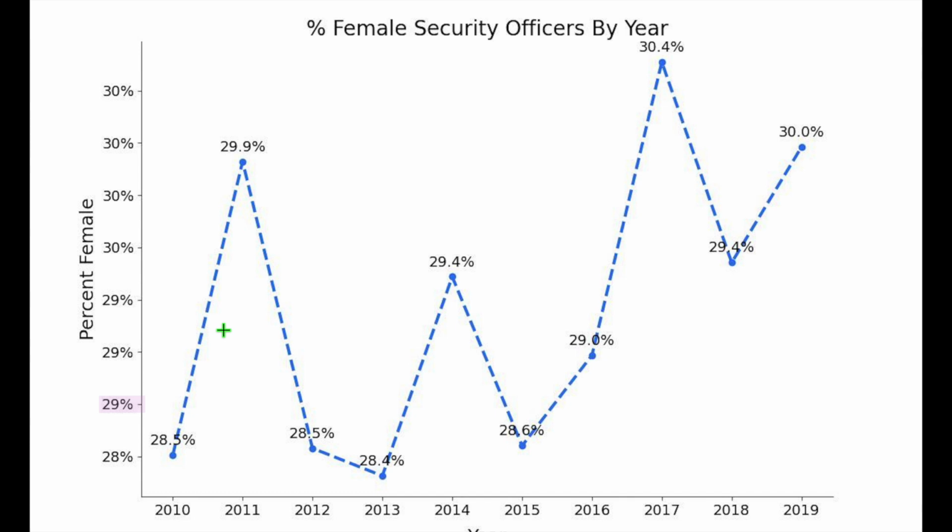So let's actually look at this data point. If we zoom out a bit, we see this graph has kind of a zigzag pattern, right? If we see this blue dashed line, from 2010 to 2011, the function is increasing, and then it's decreasing, and then it's decreasing, and then it's increasing, and then it's decreasing, and then it's increasing.